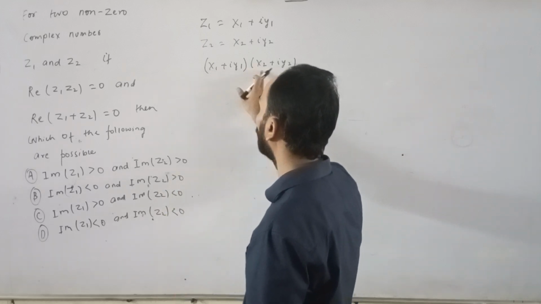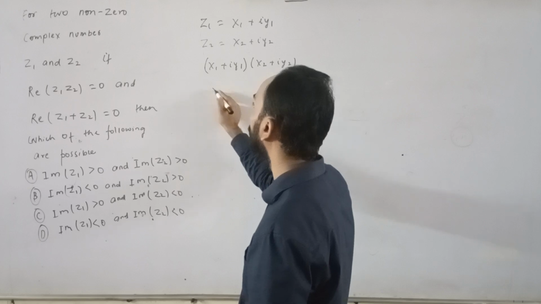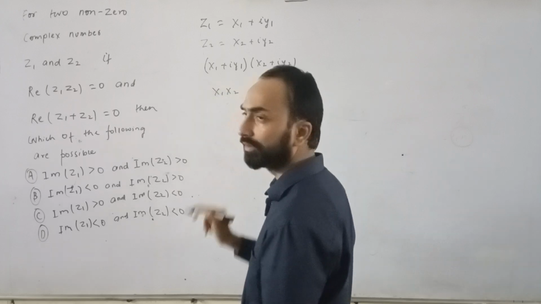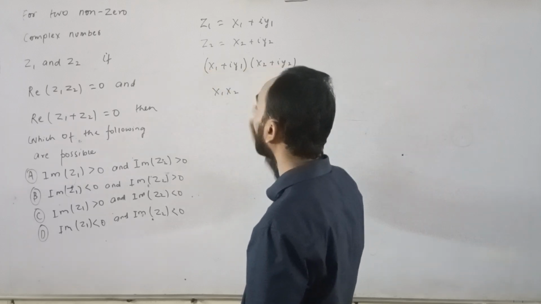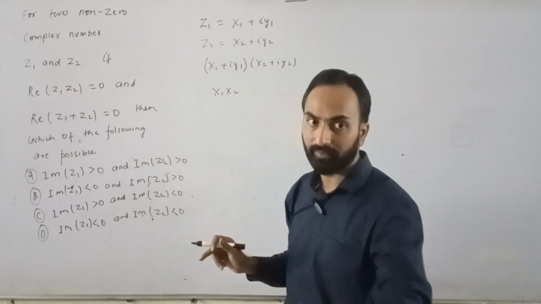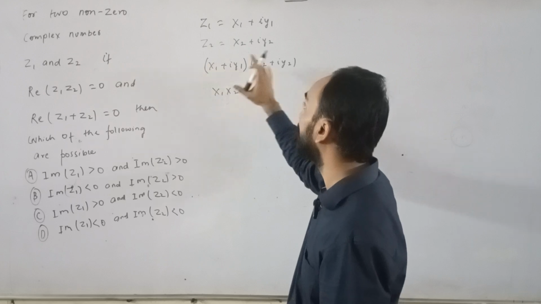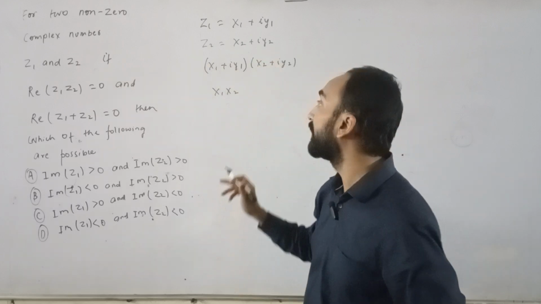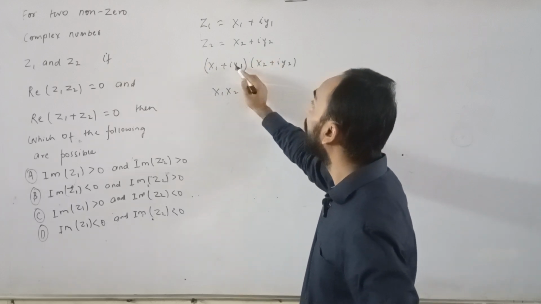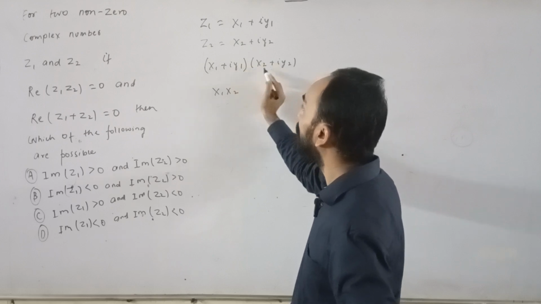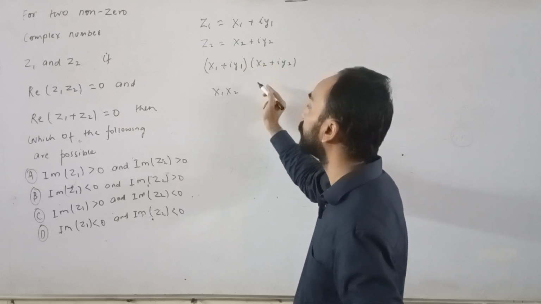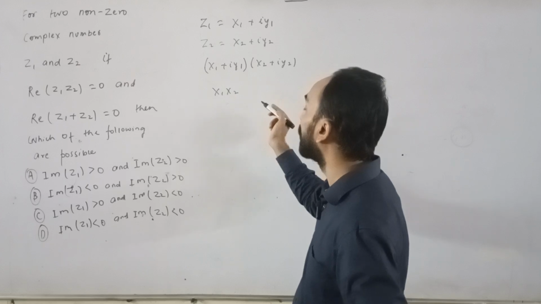When I multiply, x1 into x2 becomes x1 x2. x1 into iy2 is an imaginary part, so let's forget it. And iy1 into x2 is also the imaginary part.